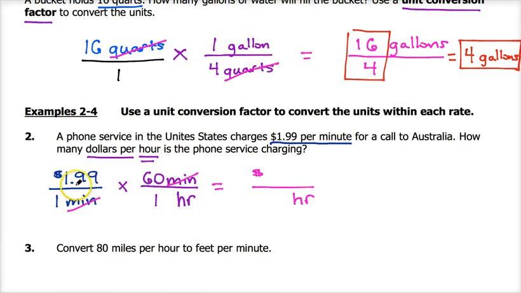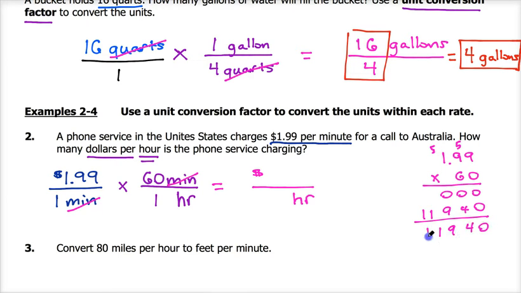So here I'm going to do 1.99 times 60, and if we do that off to the side, we see that $1.99 times 60 gives us $119.40.